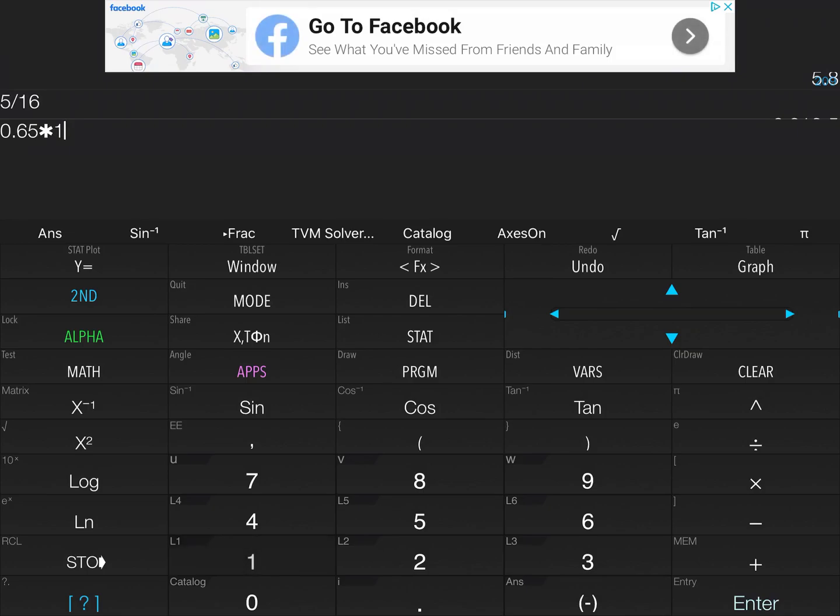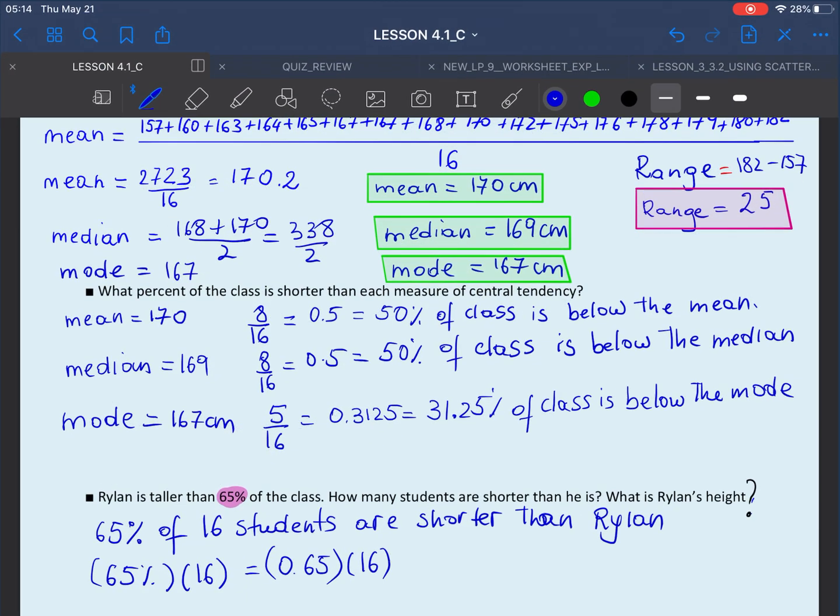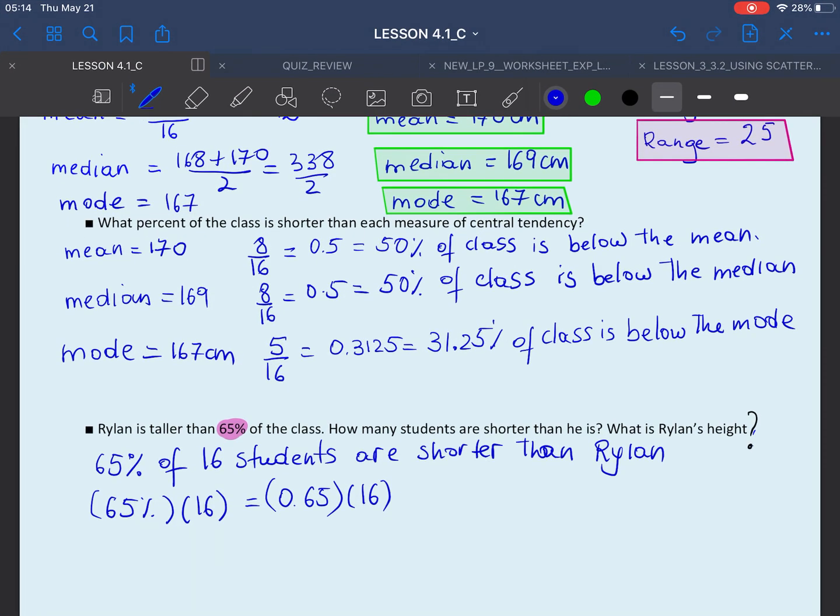And if we get back to that calculator here, 0.65 times 16 gave us here 10.4. So we're going to say 10.4 are shorter than Rylan.